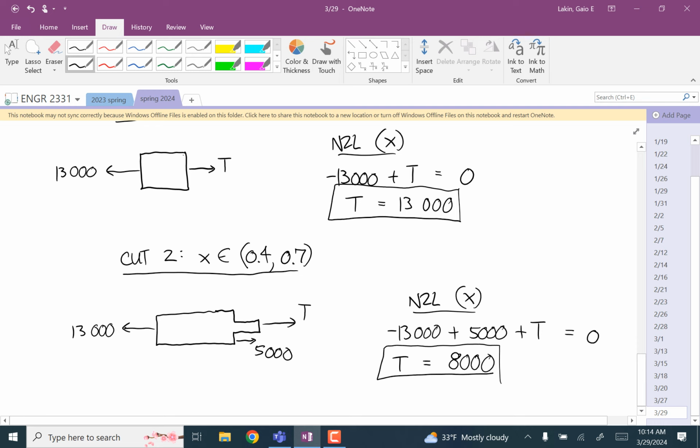Yep. How is that 5,000 force applied? Is it on the edge of it? Yeah, it's applied somehow around the shoulder. I didn't really think through what this represents. Would there be a moment then?